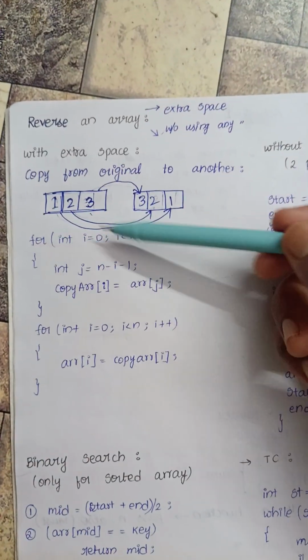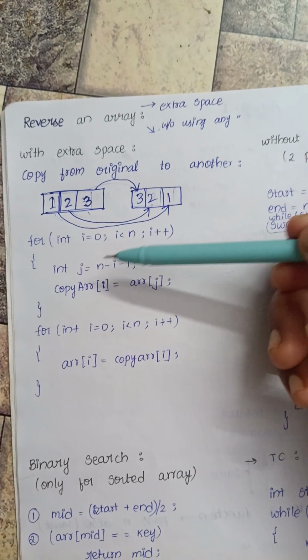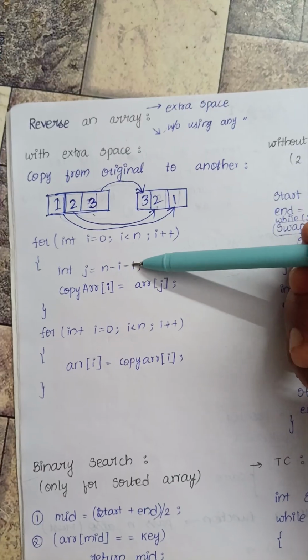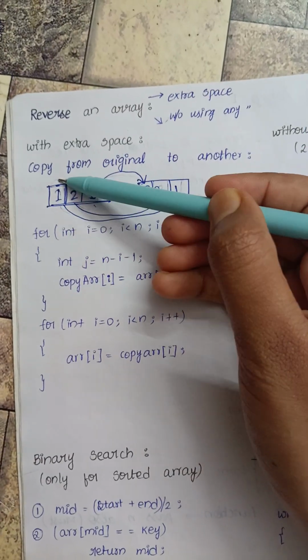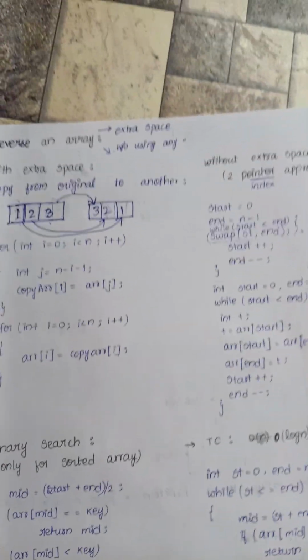We'll take a for loop. We'll write j equals n minus I minus 1. J equals n minus I minus 1 means if I equals 0, j will be here. For a bigger array, you can understand it more clearly.